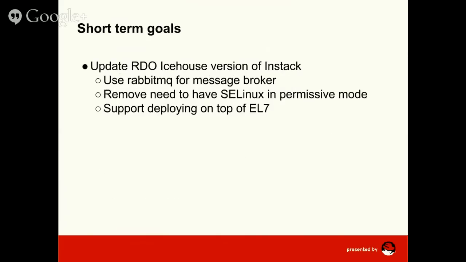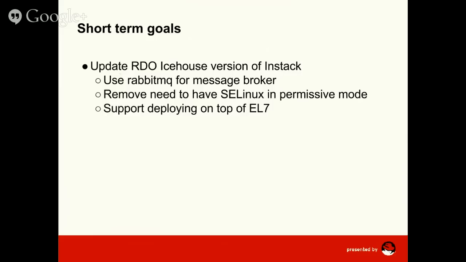So now let's look a little bit at some of the goals that we have for both TripleO and Instack. In the very short term, we're looking to improve the deployment experience that you can get with Instack using the RDO Icehouse release.